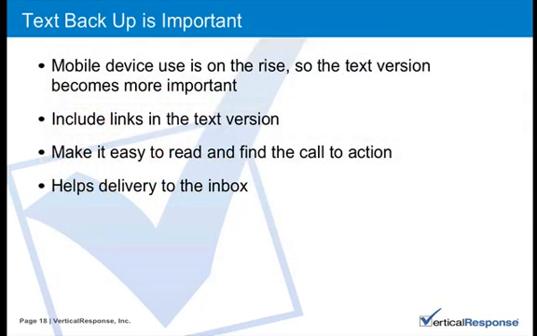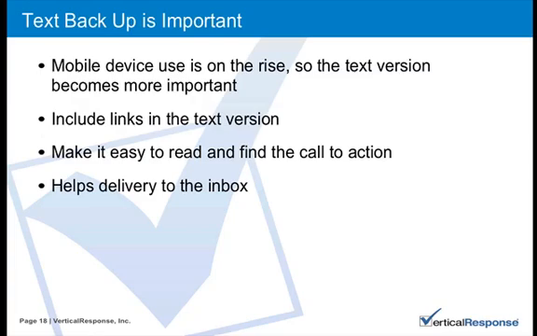So I've talked a lot about what to put in your email and links and graphics. One of the things you do need to keep in mind is the text backup for your email. And there's a lot of reasons that you want to keep this in mind, but I think probably the number one reason is the first thing I have on this slide.